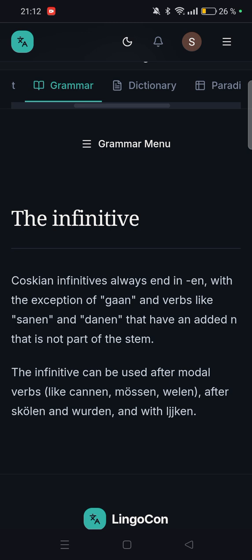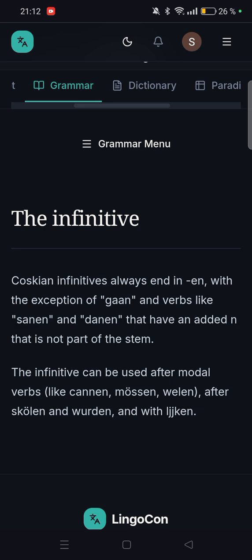Well, I put some uses of the infinitive after modal verbs, kannen, mossen, or vellen. Also after skollen and wurden. These are technically modal verbs as well, but I call them fossil verbs because they don't have a meaning. Well, they do a bit, but it's grammatical. Skollen is used for making the future.